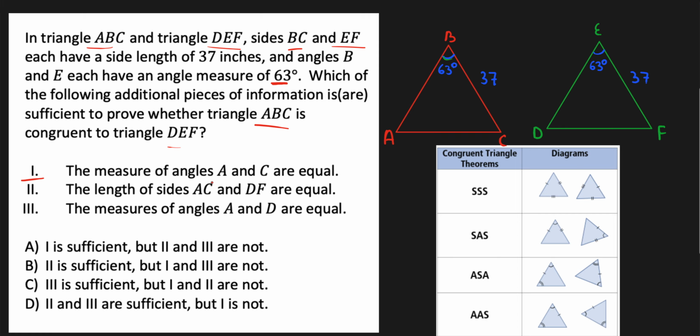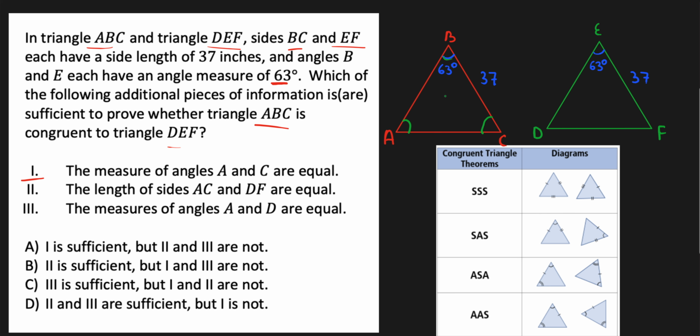Let's check the number one thing. The measure of angles A and C are equal. Okay, we are basically told that this angle equals this angle. Now, this is completely wrong. Here's why it's wrong. First of all, it focuses only on the red triangle. It does not even touch the green triangle.